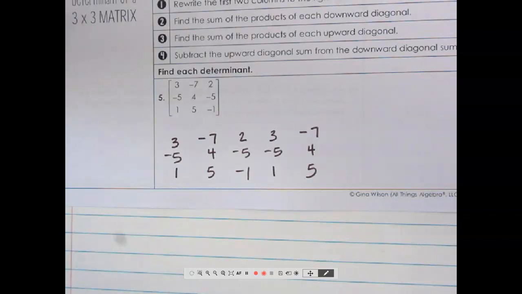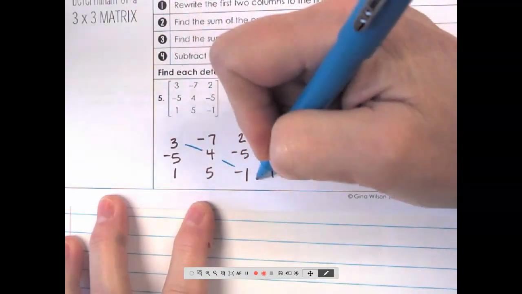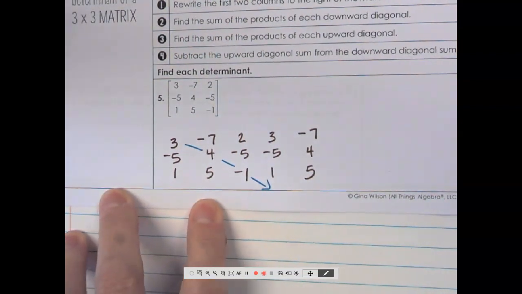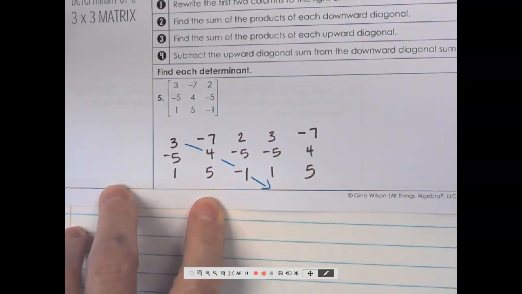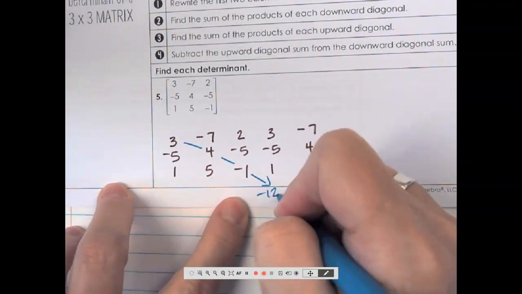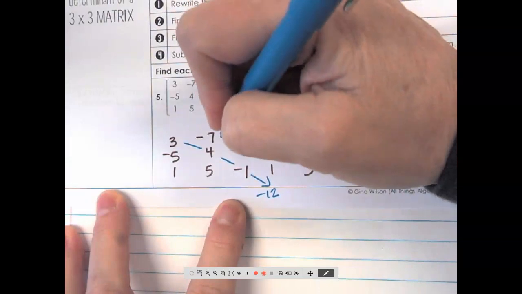Okay, take one of your colors. We're going to start upper left, and there will be a diagonal of 3 numbers. And we're going to multiply all those numbers on the diagonal. So that's 12 times -1 is -12. If they get too big for you or you're just afraid you're going to make a mistake, use your calculator.